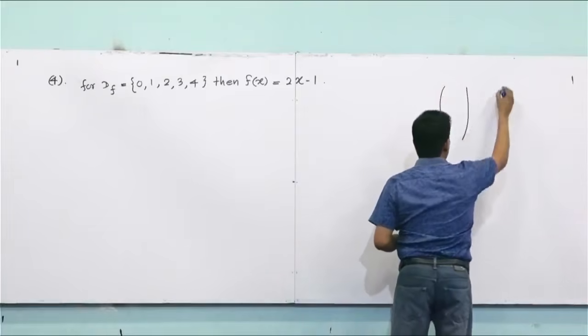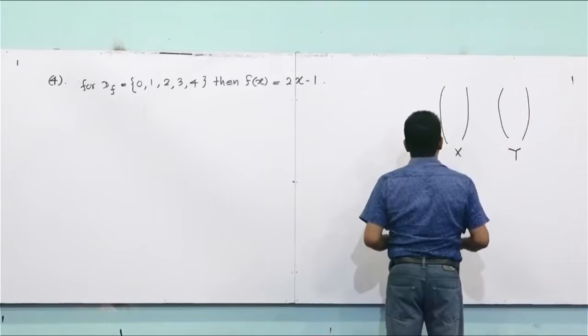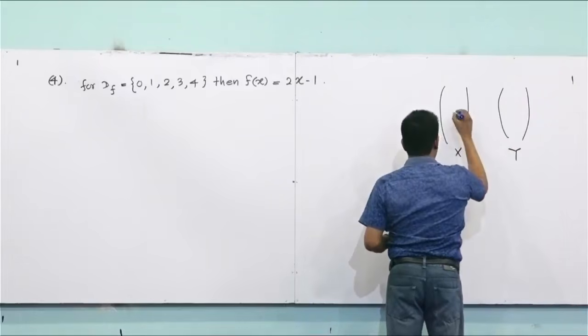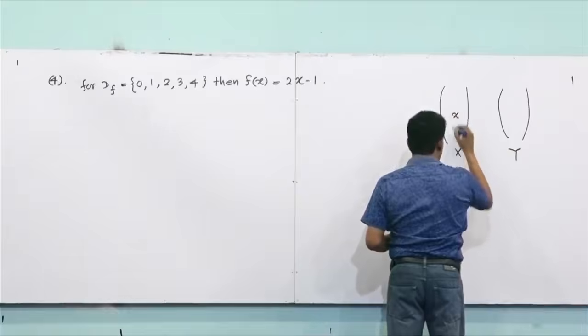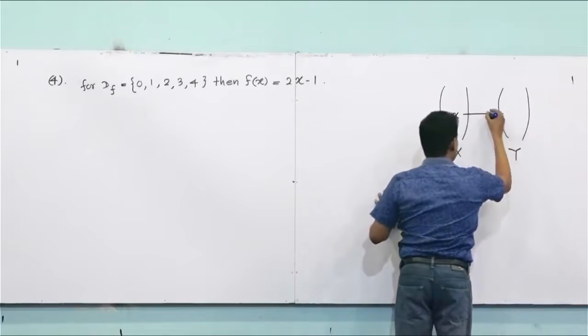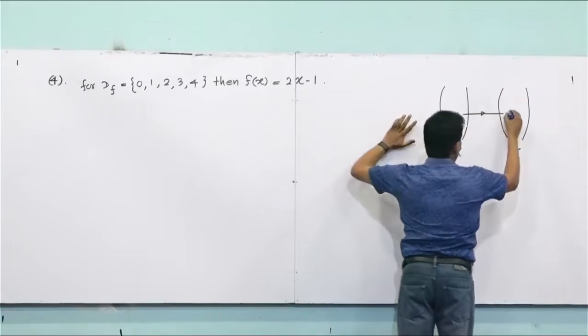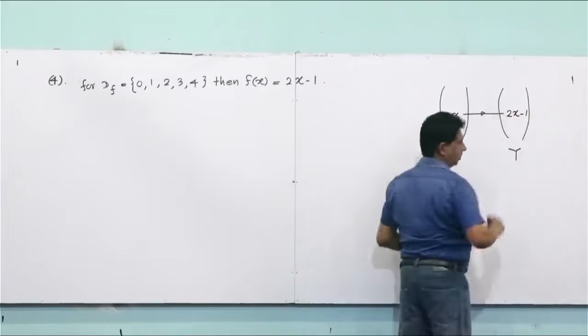There are two sets, no? Capital X, capital Y. In capital X set, there is an element, simple x, no? Then what is the image of simple x? 2x minus 1. Okay.